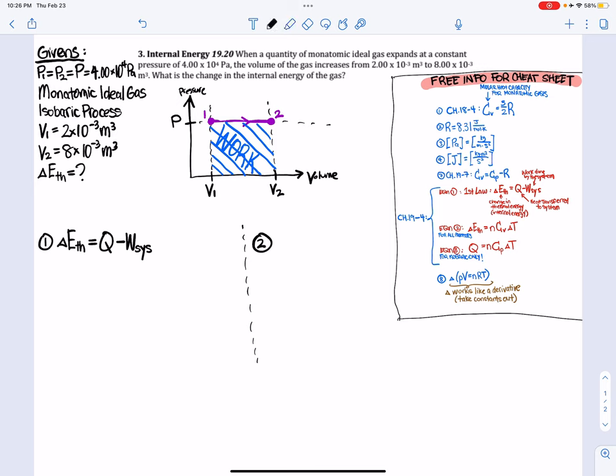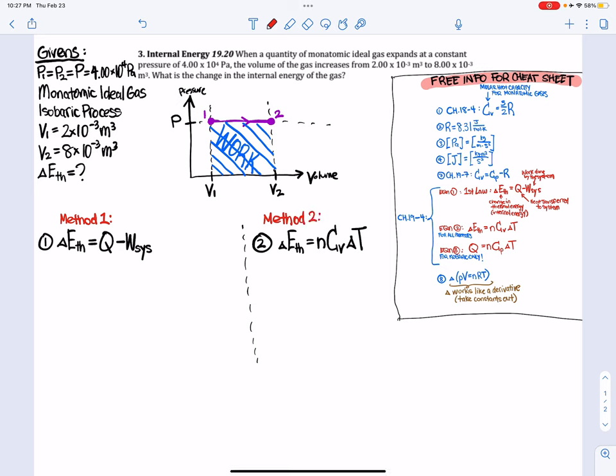So the change in thermal energy is equal to the number of moles, n, times the molar heat capacity for constant volume, multiplied by the change in temperature. Okay? So these are the two ways to solve the problem. Method 1 to solve the problem, and this is method number 2, okay?